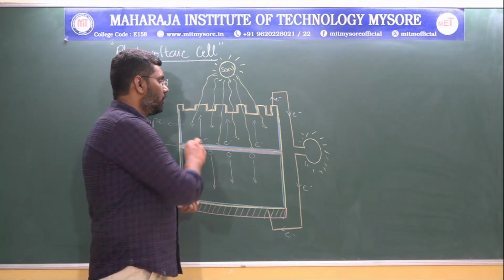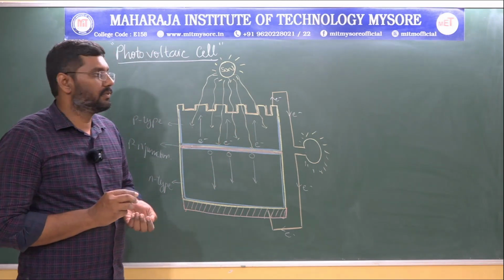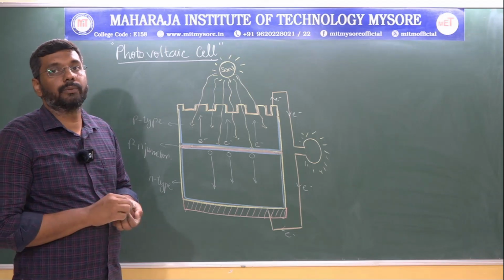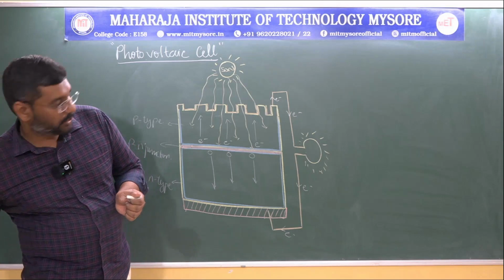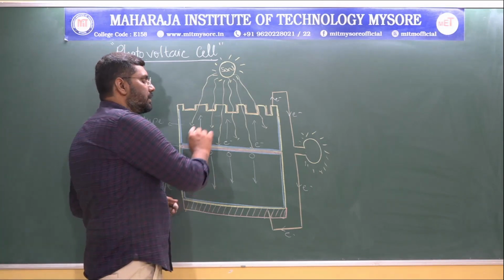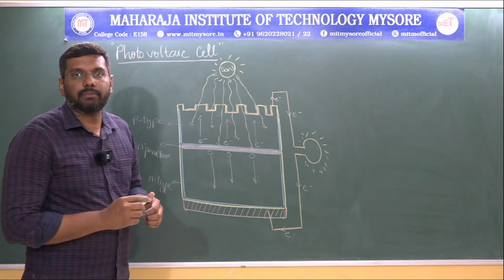Okay, so after knowing about the simple construction of these PV cells, next we need to know about the working of these PV cells, how these PV cells work. Working can be explained by considering this simple diagram itself.